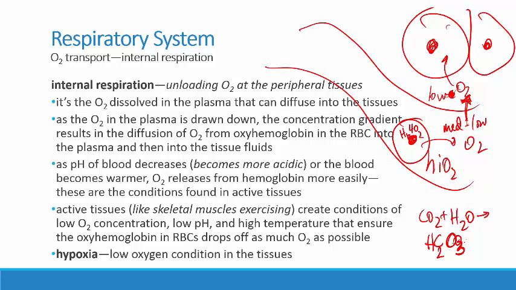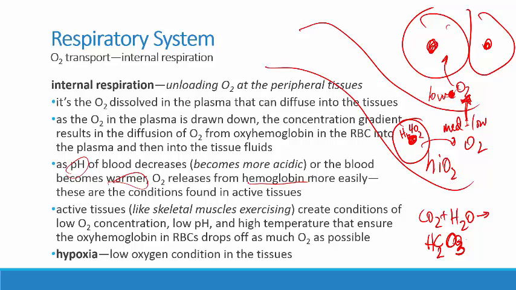So with the pH changing and the temperature changing, it turns out those two conditions, which are common in active tissues, cause hemoglobin to release oxygen more easily.